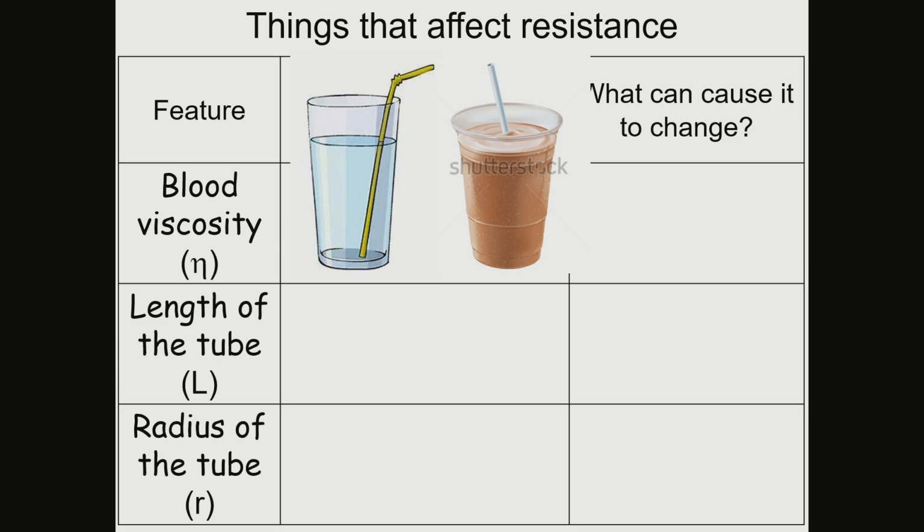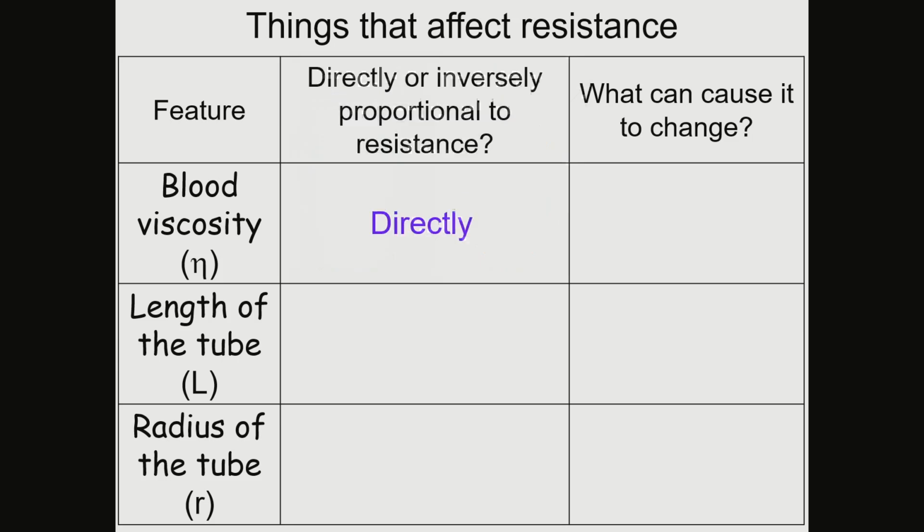So if we're thinking about resistance, is viscosity directly or inversely proportional to resistance? It's going to be directly proportional, right? So the greater the viscosity, the greater the resistance. And since our flow equation is delta P over R, the greater the resistance, the decreased the flow.